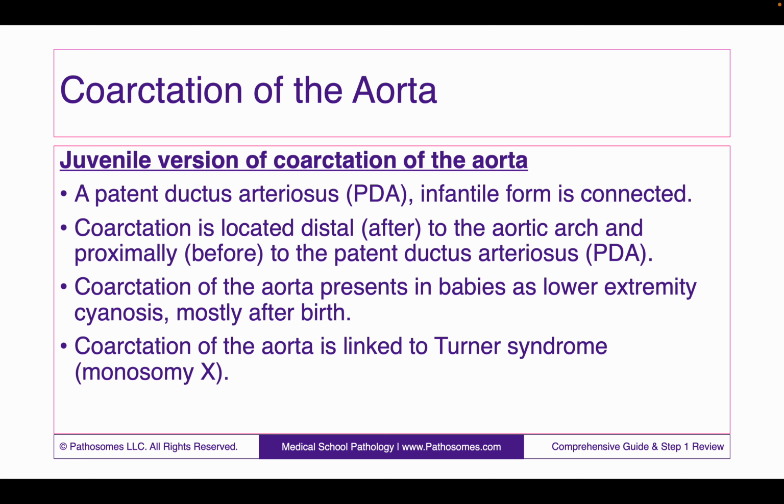The juvenile version of coarctation of the aorta has a patent ductus arteriosus, and in the infantile form is connected. Coarctation is located distally after the aortic arch and proximal before the patent ductus arteriosus. Coarctation of the aorta presents in babies as lower extremity cyanosis, mostly after birth. And coarctation of the aorta is linked to Turner syndrome.